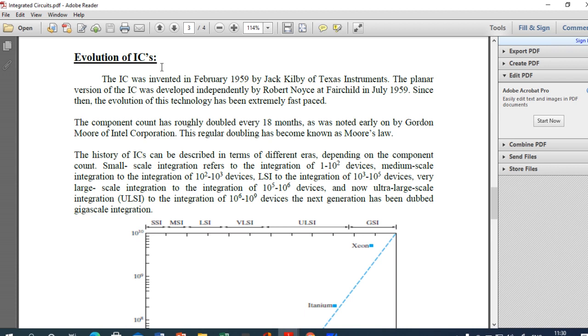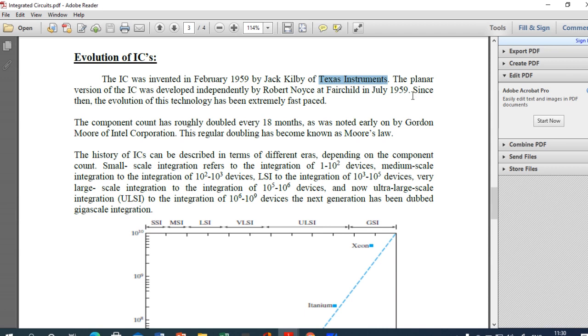When it comes to the evolution of ICs, the IC was invented in February 1959 by a scientist called Jack Kilby at the company called Texas Instruments.